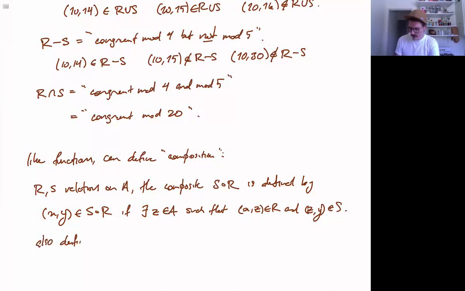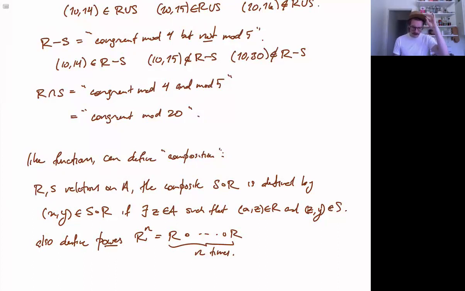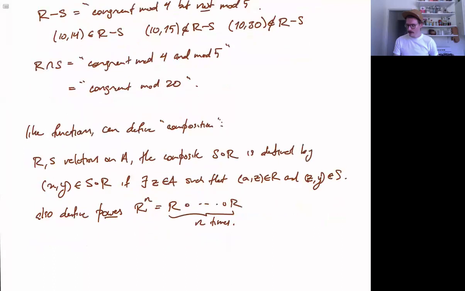And we can also define powers of a relation. So if R is a relation, then R to the n is just the relation given by composing R with itself n times. So let's look at some examples.